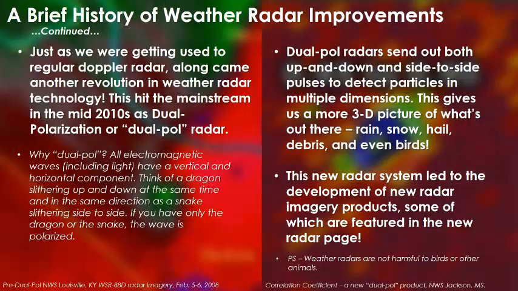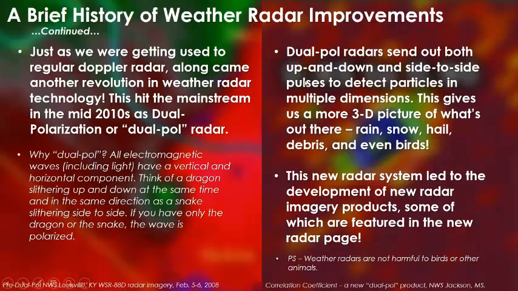So just as we were getting used to regular Doppler radar, along came the 2010s, and that brought us dual polarization, or dual pol radar. You might be wondering, why do you call it dual polarization radar? Well, all electromagnetic waves, including light, have a vertical and horizontal component.